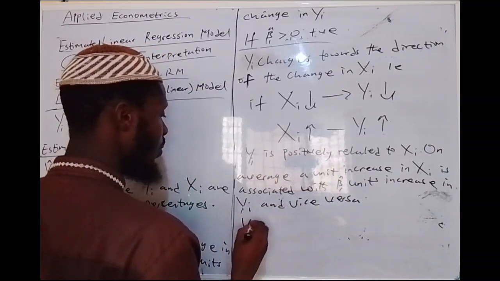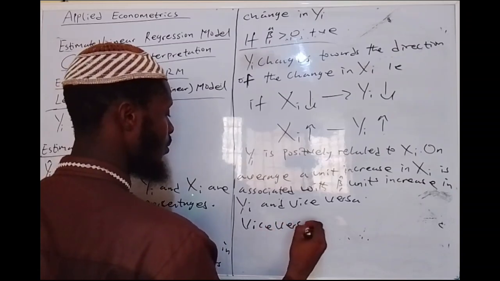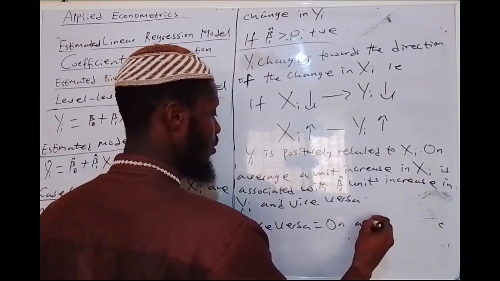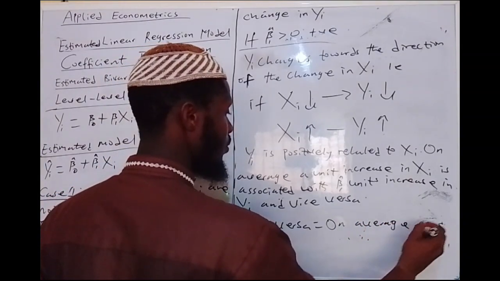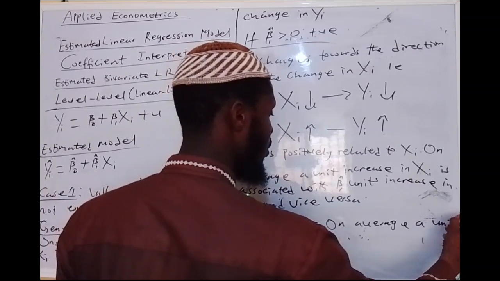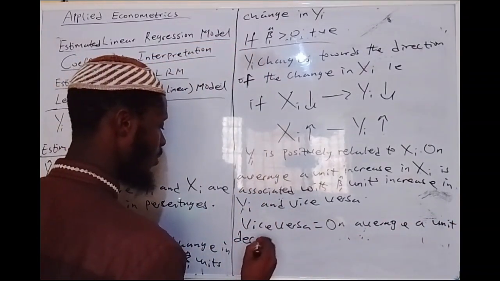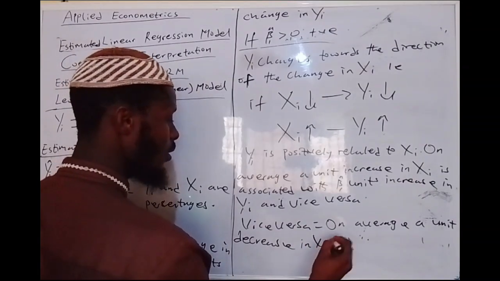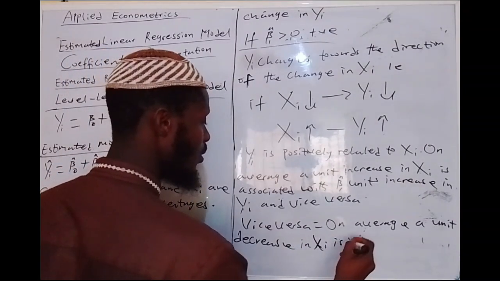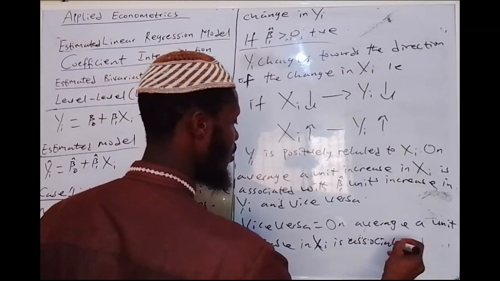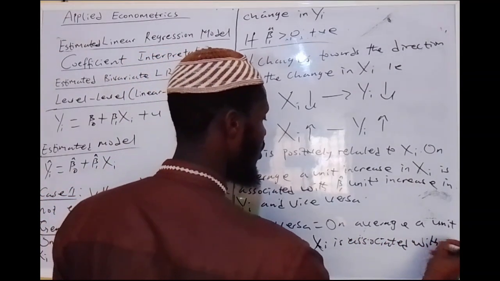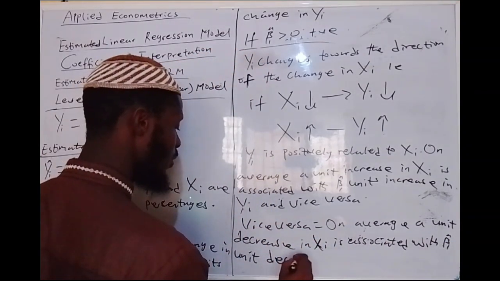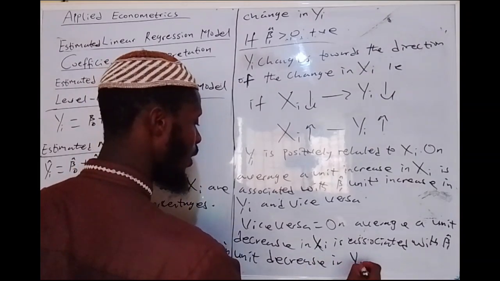And vice versa: on average a unit decrease in x is associated with beta 1 hat unit decrease, the same direction, in y.